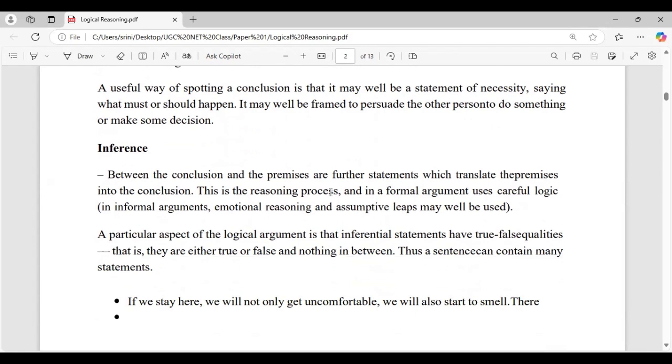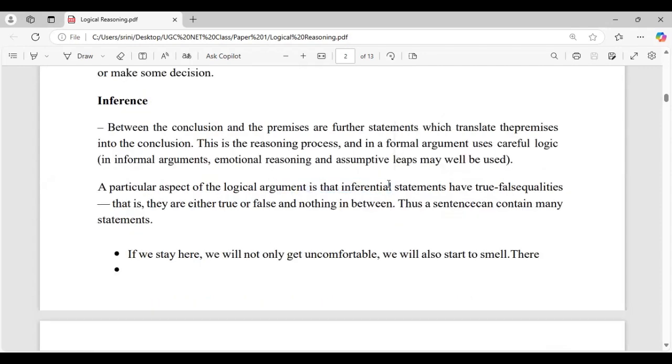This is the reasoning process between assertion, premises and conclusion: a set of statements that leads to a conclusion. A formal argument uses careful logic. In informal arguments, emotional reasoning and assumptive leaps may well be used.